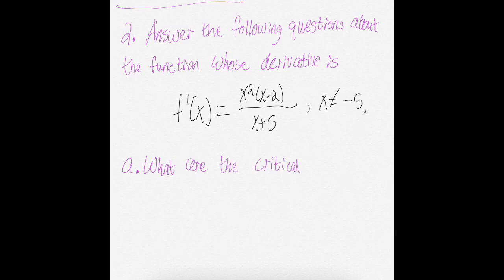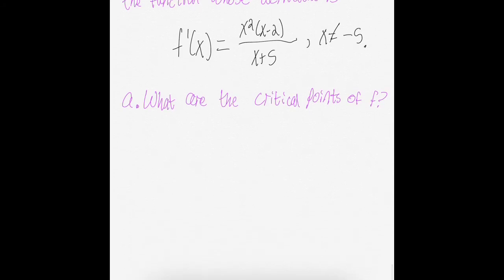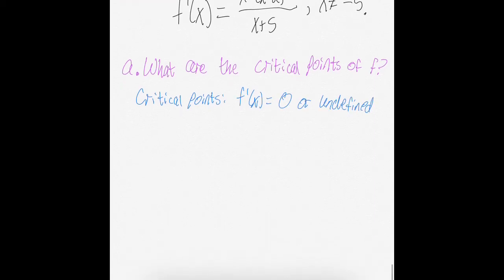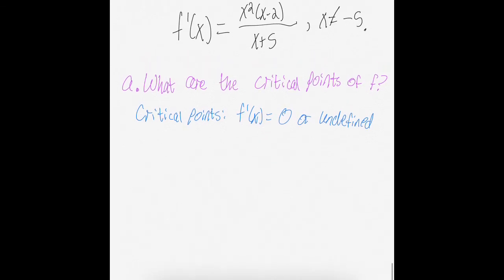Okay. Part A then. So there's 3 things it's going to ask us about. First off, what are the critical points of f? Okay, so remember, critical points, those are going to be where f prime is either 0 or undefined.